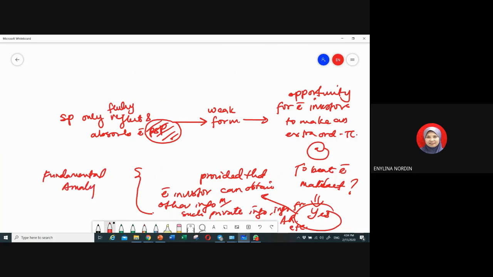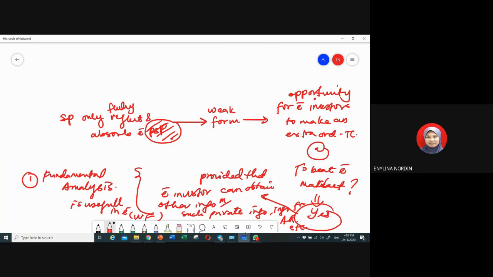In other words, fundamental analysis is useful in the weak form efficiency. Fundamental analysis is useful in the weak form, and it can help the investors to make an extraordinary profit and also to beat the market.